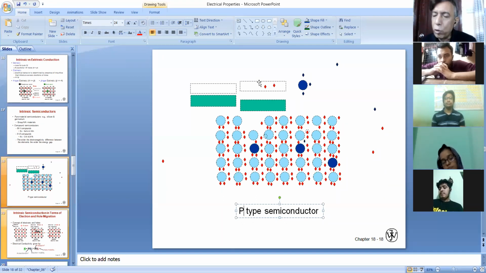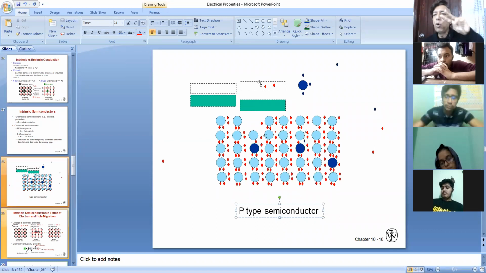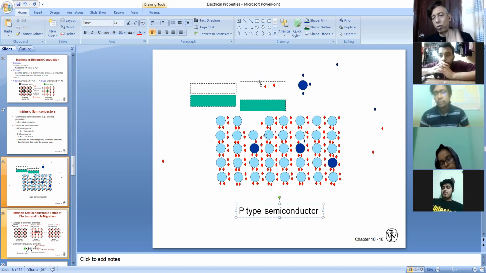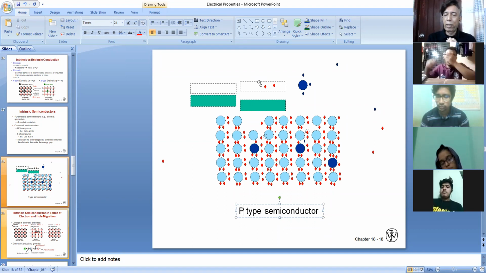So we saw in n-type semiconductor, there are 5 electrons conducting electricity and 2 holes. But in p-type semiconductor, there are 5 holes and 2 electrons. So in n-type, the majority carrier is electron and the minority carrier is hole.